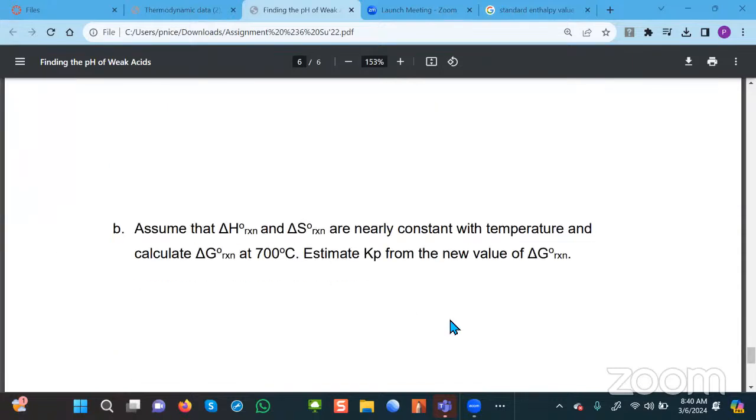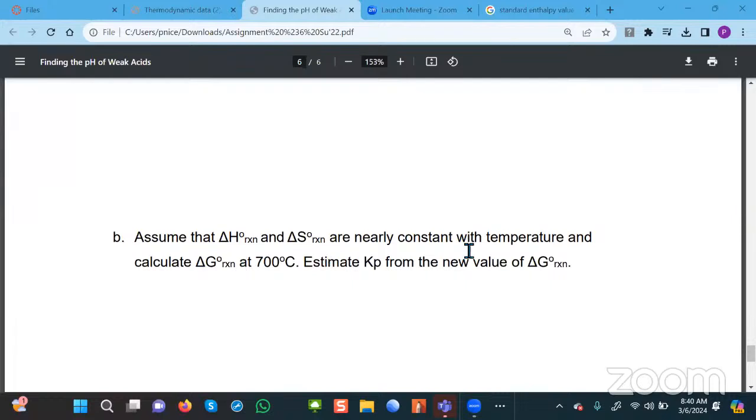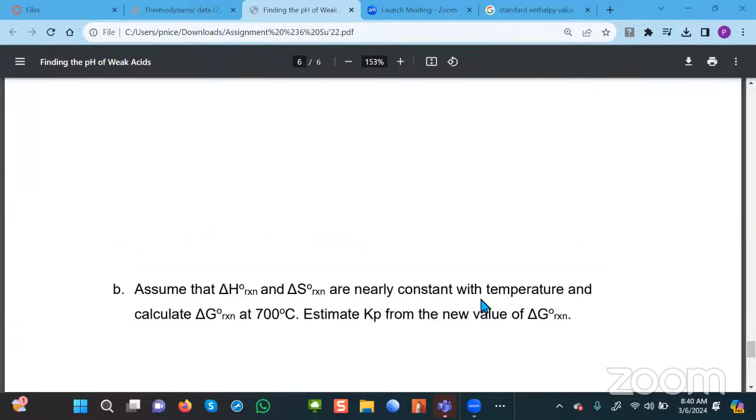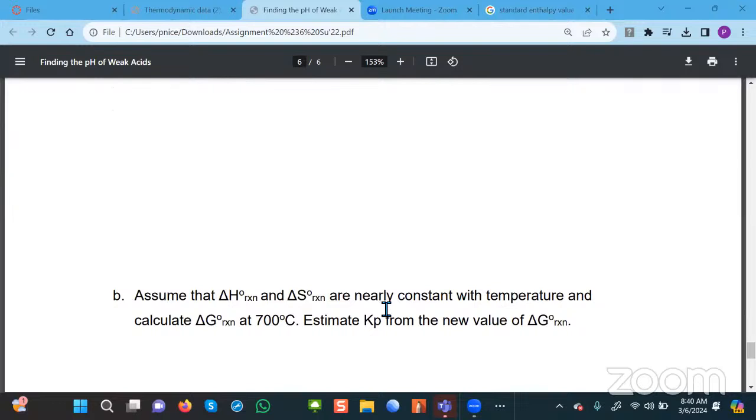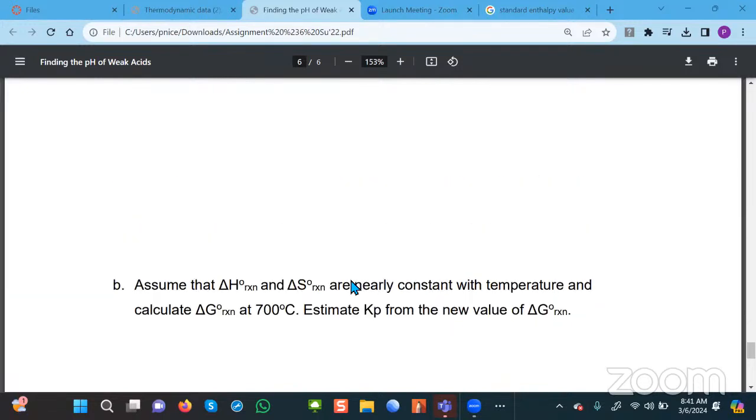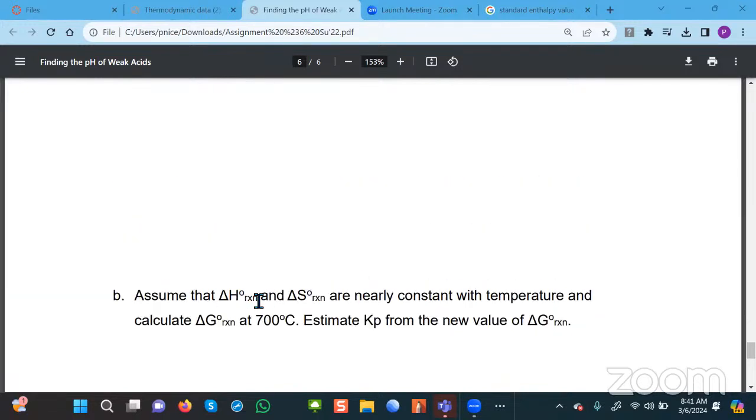And let's see. Okay, now this question says, and I'm not going to go through it exactly, I'm just going to give you some guidance. It says, assume that delta H reaction and delta S reaction are nearly constant with temperature. Calculate delta G reaction at 700 degrees Celsius.